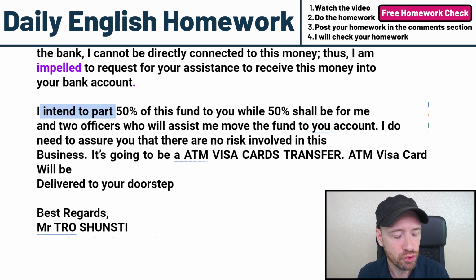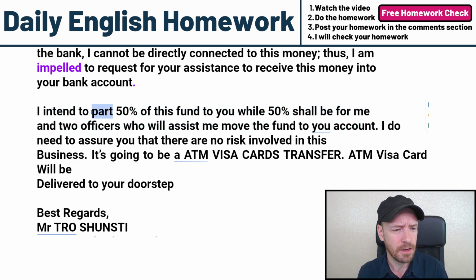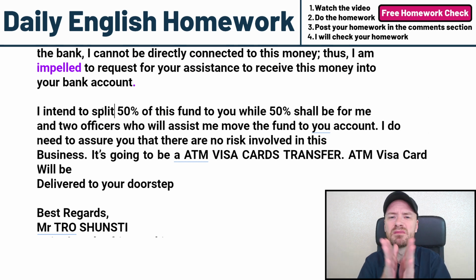All right, let's get to the end. "I intend to part 50% of this fund to you, while 50% shall be for me and 2 officers who will assist me move the fund to you account." There's a lot of mistakes here. I would say, I intend to split. We usually split money.